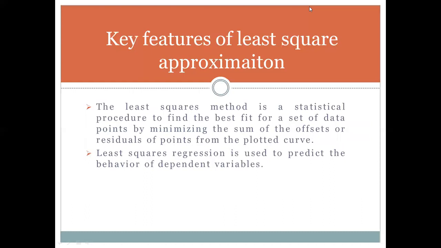So these are the key features of least square approximation. That means this is a statistical method to find the relationship between two data points, one dependent variable and independent variable. So we can predict the dependent variable value from the independent variable by using least square approximation.